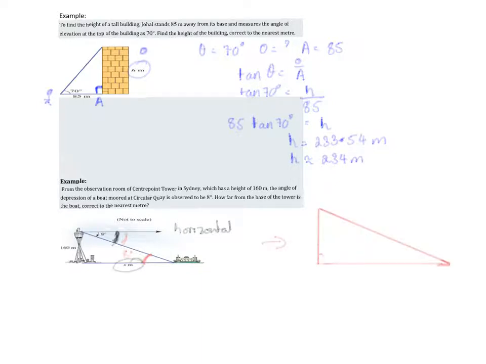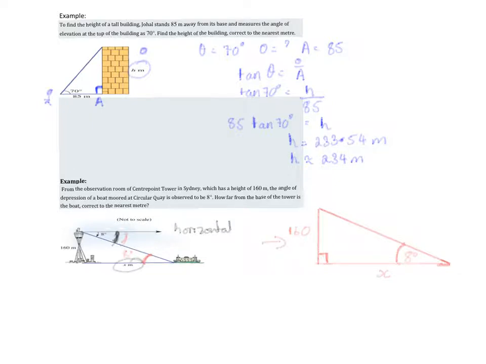So we know we've got a right angle triangle. We know now that this is 8 degrees here because it's the same as our angle of depression. We know that this is 160 metres, and we know that we're looking for the distance down the bottom here between the tower and the ferry. So how do we now go about working that out? Well, it's just a normal right angle triangle, isn't it?